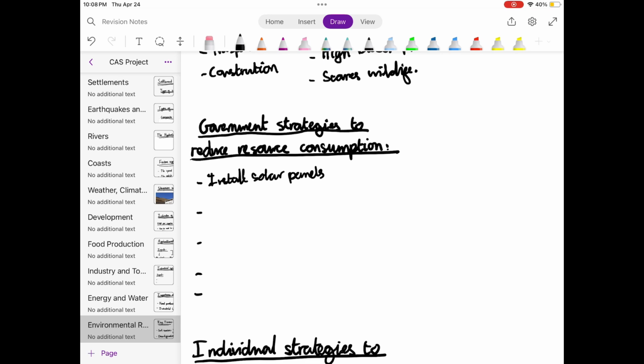By doing this, they can increase the amount of energy that they're receiving, but more importantly, solar panels are a renewable source of energy. So this makes the overall building and the ecological footprint more green. And also petrol should be taxed, and this can discourage people from driving. So this leads to less resource consumption of fuel.